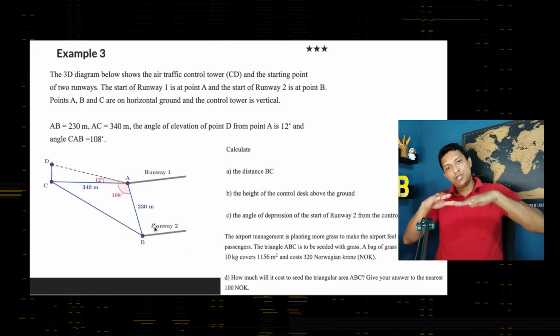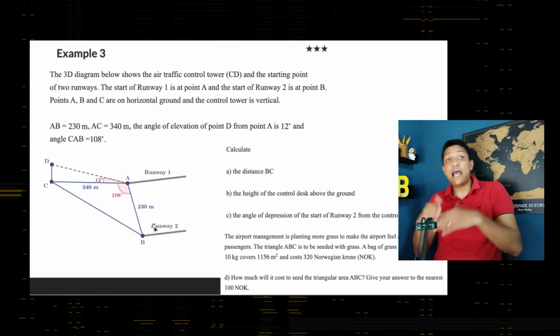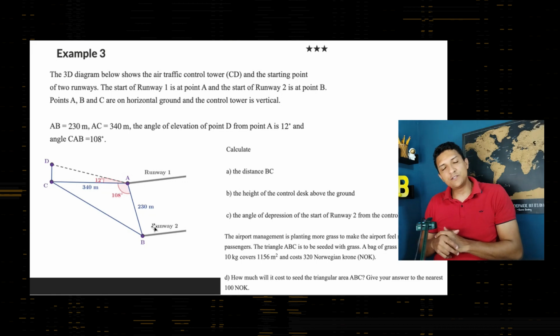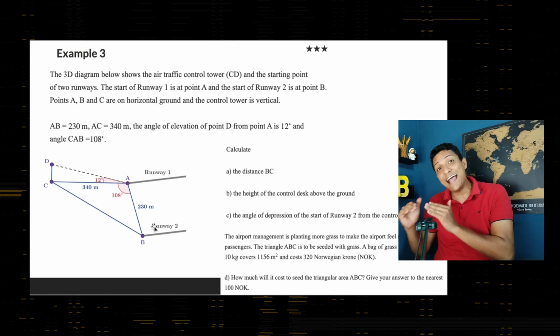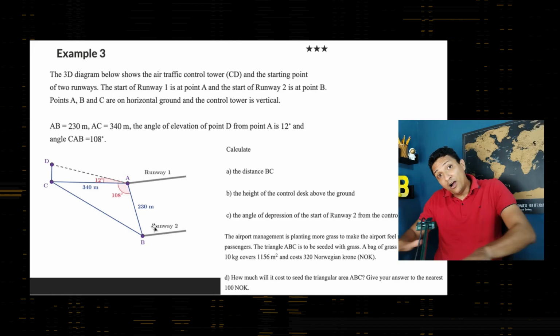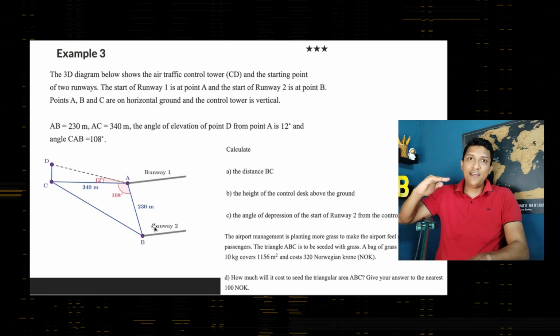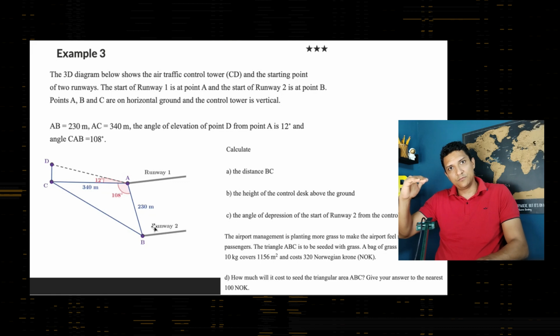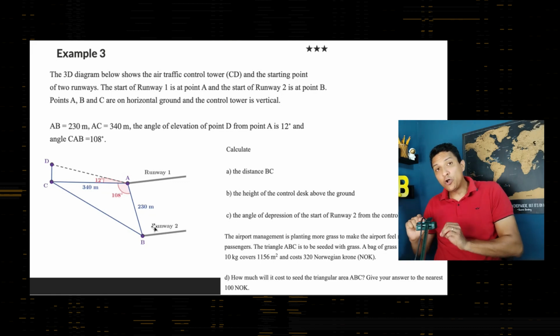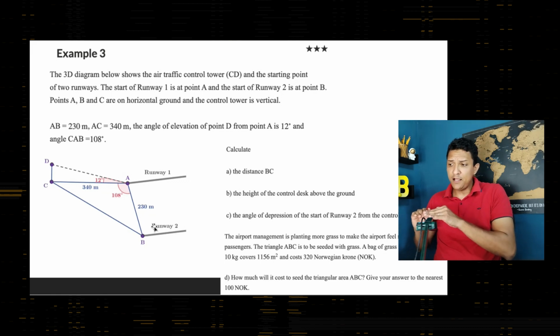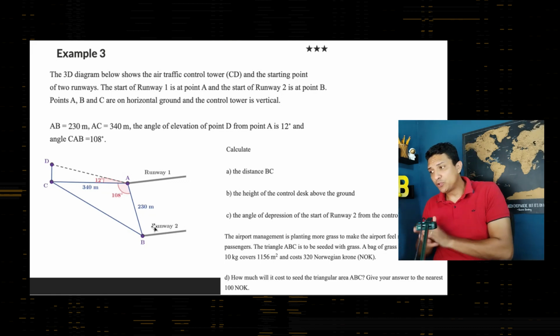As the problem mentions, this is a 3D diagram, so we have a part of the diagram which is on ground level, and the other part is at some altitude. That is something important to understand.